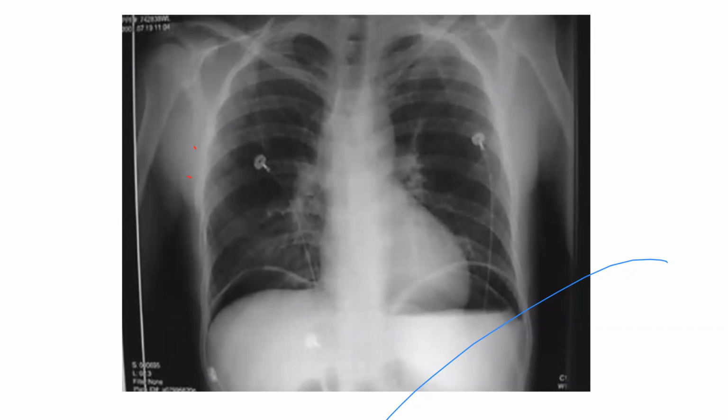Then circulation: assess all vitals, heart rate, pulse and blood pressure.